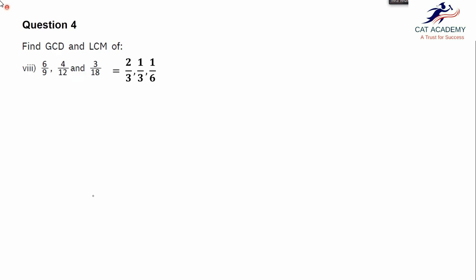Pushkar, same problem. Reduce nahi kiya. You forgot the most basic step that I said. Reduce the fractions to the simplest possible form and then only proceed for calculation. No, Pushkar. Have you done reduction?